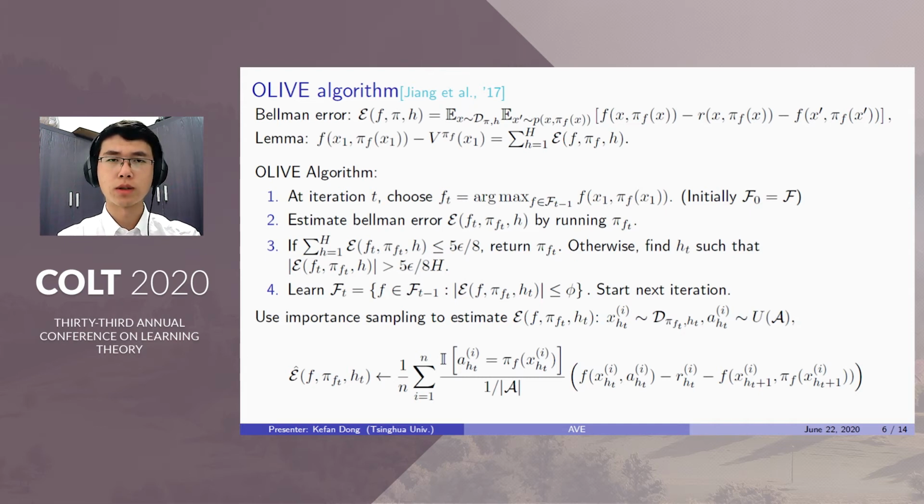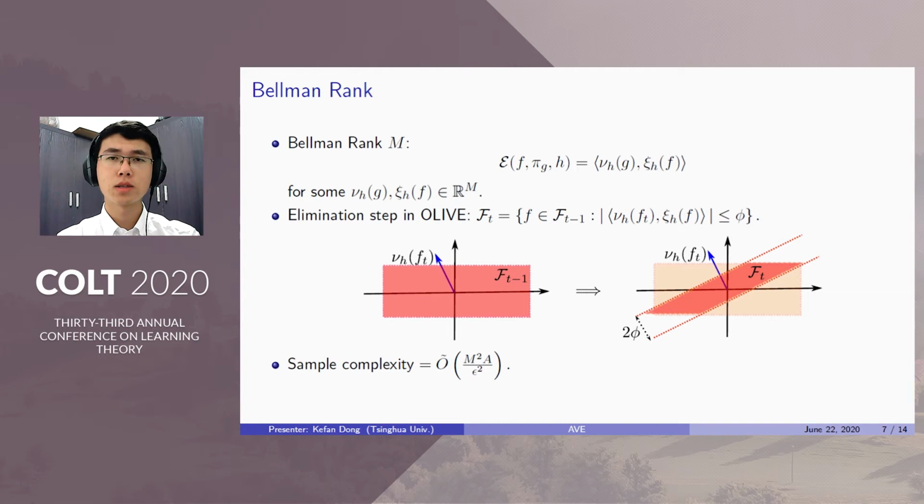In order to prove a polynomial sample complexity, it is crucial to bound the number of iterations or the number of elimination steps. This is where the low Bellman rank assumption is used. Informally speaking, we say a Markov decision process has a Bellman rank n if the Bellman error for any function f and any roll-in policy pi g can be written as the inner product of two n-dimensional vectors.